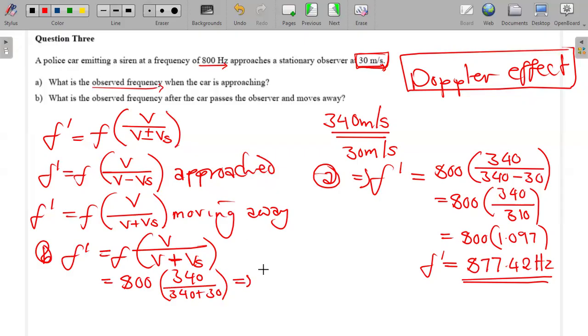Okay, this is going to give us 800, 340 over 370. Okay, like that. So if we divide 340 by 370, what do we get?